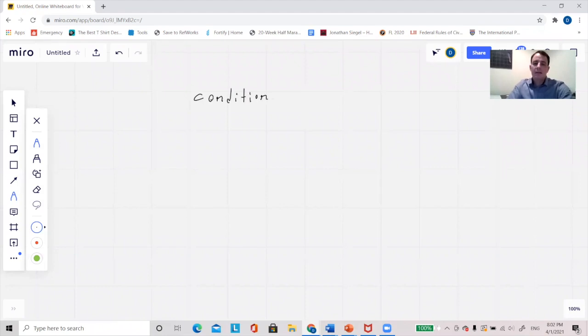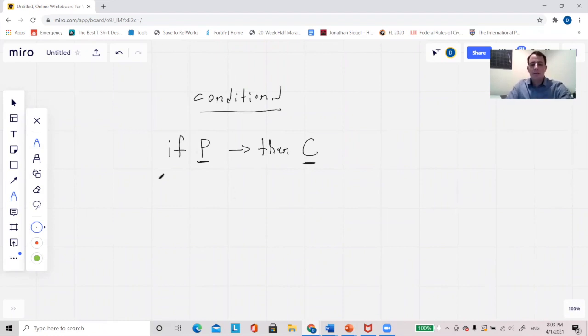A conditional statement is basically a statement where if we have one condition, if we have this, then we must have another condition. These are called the premise and the conclusion, but they're also known by a bunch of other keywords that we're going to be talking about.